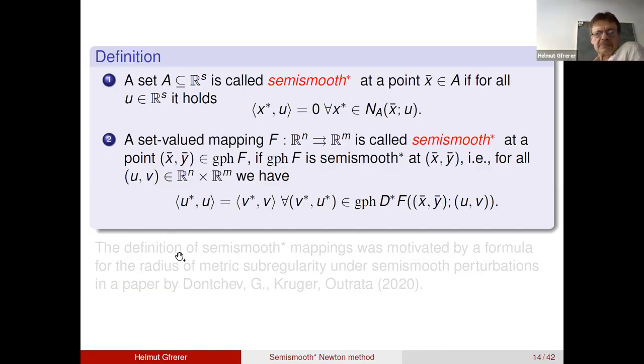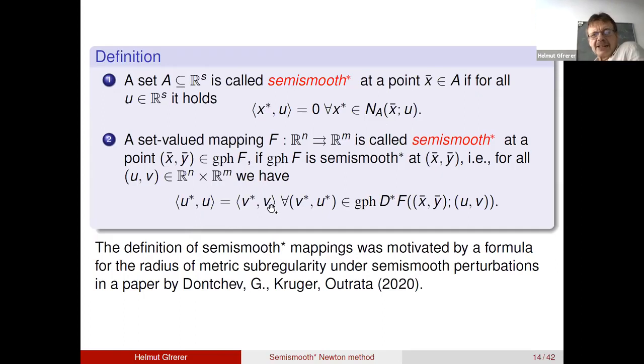Some remark: where does this definition come from? Two years ago, we wrote a paper together with Asen Dontchev, Alex Kruger and Jerzy Outrata about the radius of metric subregularity. There we considered the stability of metric subregularity under semismooth perturbations.